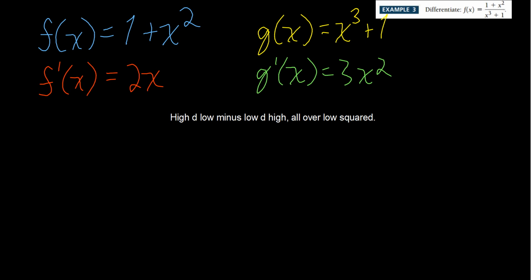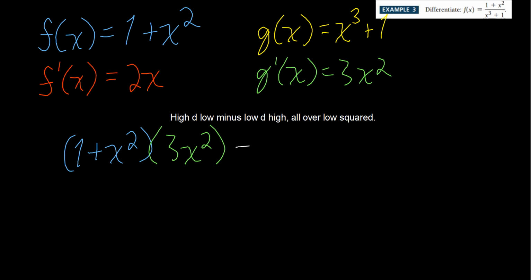Okay. So here we go. It becomes high d low. High is going to be the f of x, so it's going to be 1 plus x squared. High, and then d low. The derivative of the low is going to be 3x squared, minus low d high.